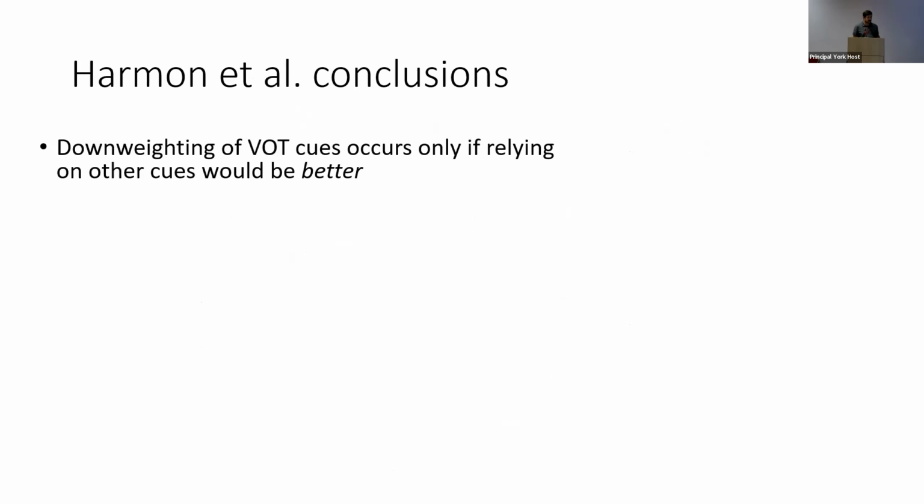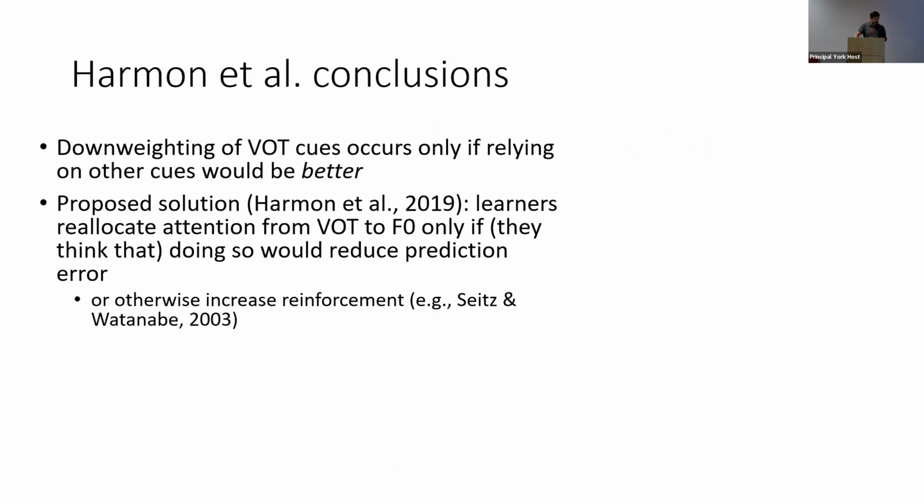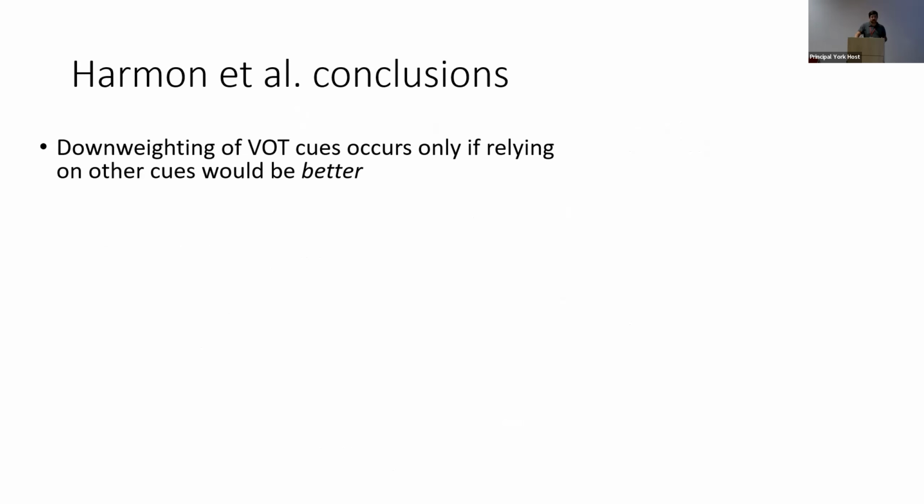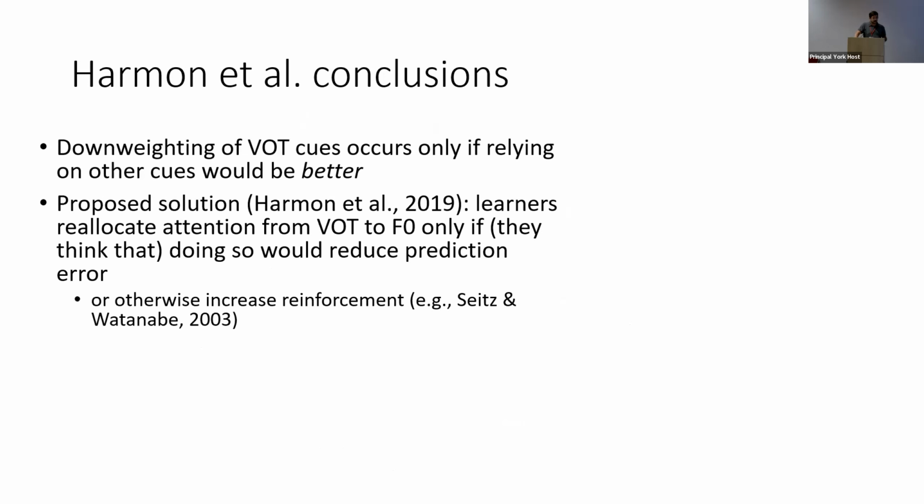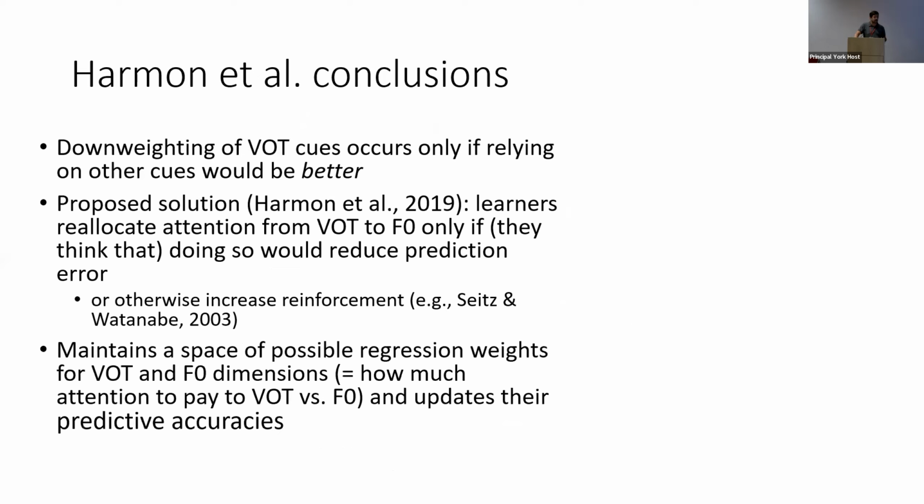So our conclusions from this study were that downweighting of VOT cues occurs only if relying on other cues would be better. And the proposed solution that we came up with is to have learners reallocate attention from VOT to F0 only if doing so would reduce prediction error.